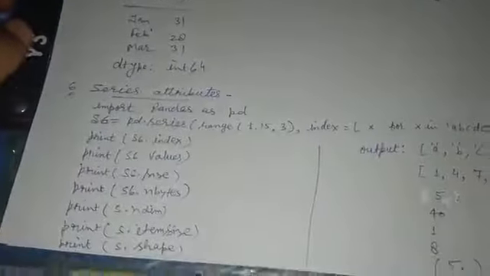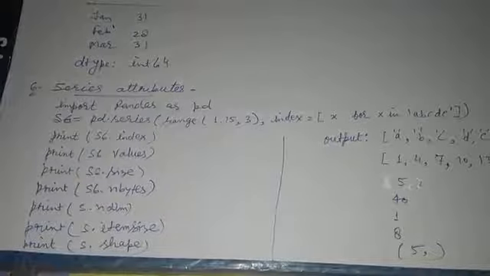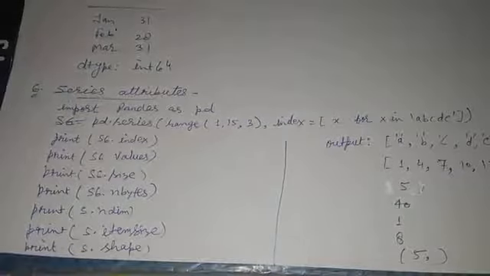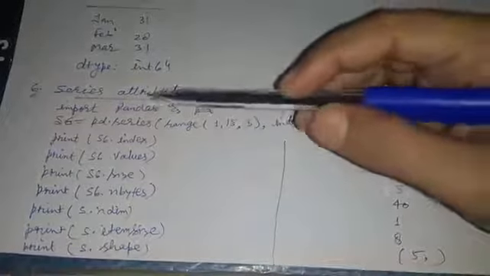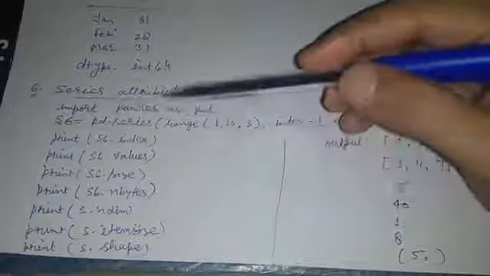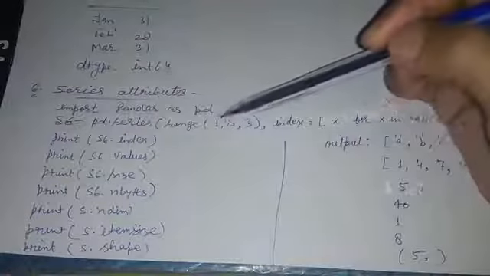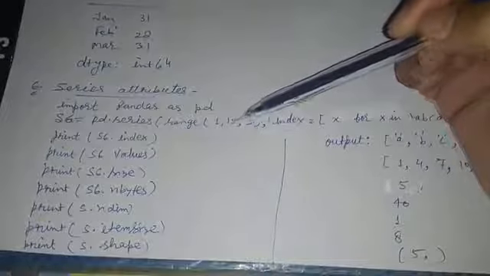Now let's take a look at different properties or attributes of a series. Import pandas as pd. S6 = pd.Series(range(1, 15, 3), index=...).